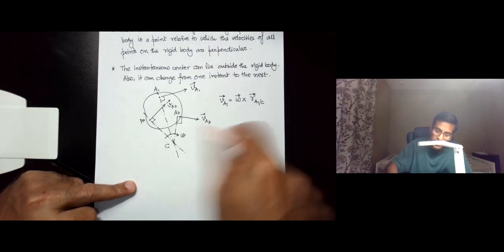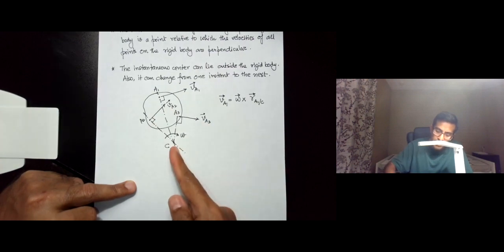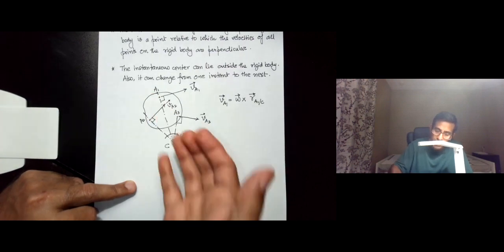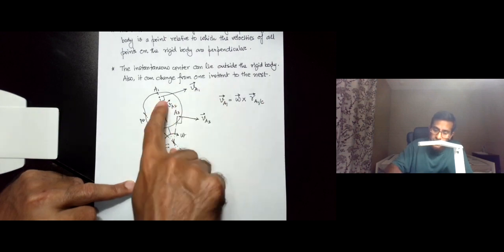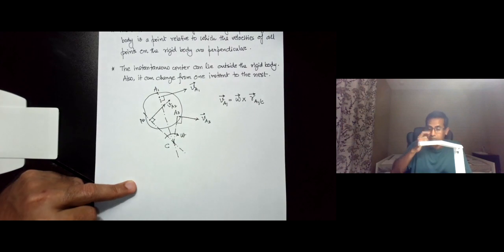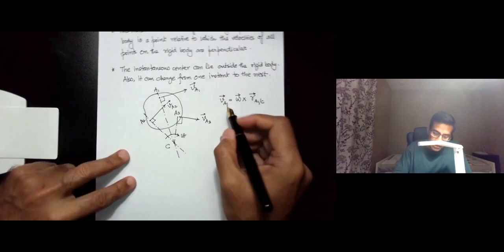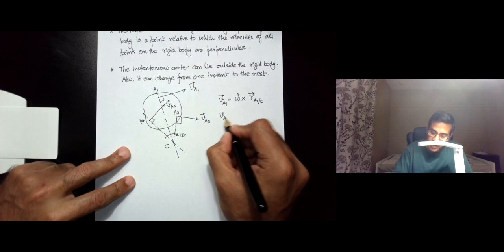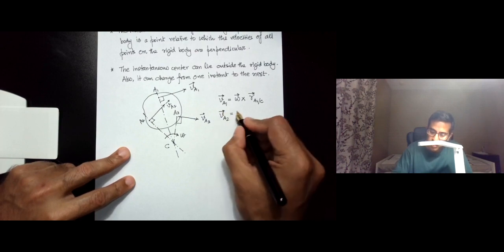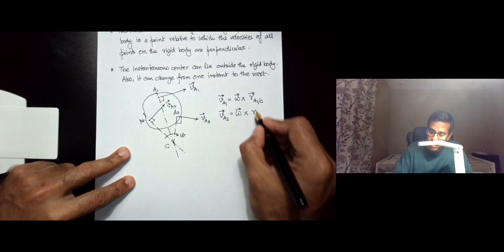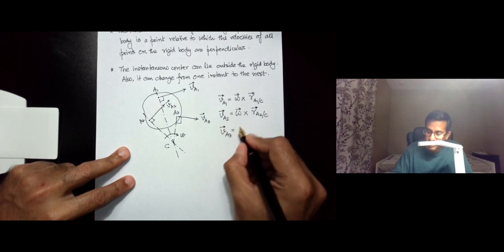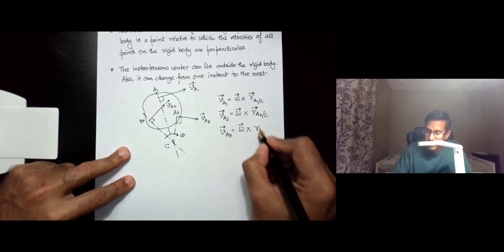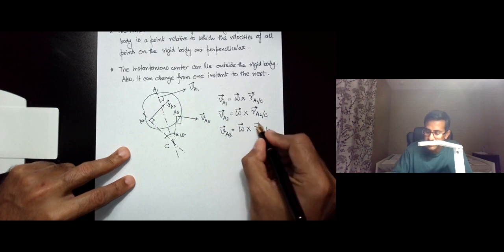So omega cross R A1 with respect to C, which is a vector going from C towards A1, is going to be in this direction, which you can see is in the direction of VA1. Similarly, we can say that VA2 is equal to omega cross R A2 with respect to C, and VA3 is equal to omega cross R A3 with respect to C.